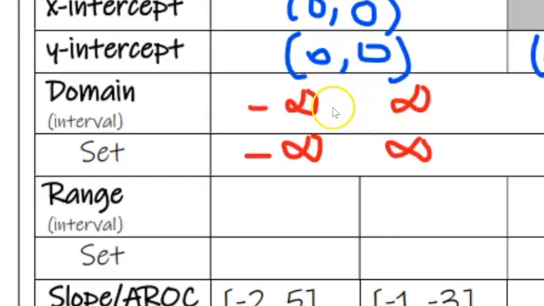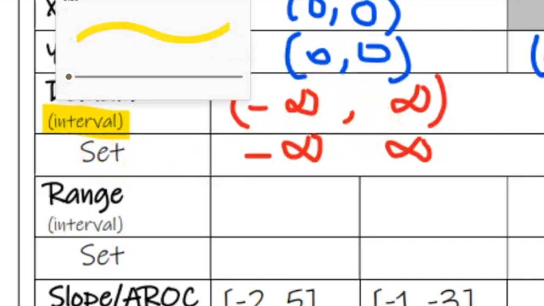They're representations of a very, very, very big number if it's positive, or a very, very, very small number if it's negative. So these do not include, so we are going to go with parentheses, and then you just put a comma right in between them. So this is going to be interval notation. So interval notation is going to be talking about open and closed parentheses. Set notation is going to be talking about inequalities.